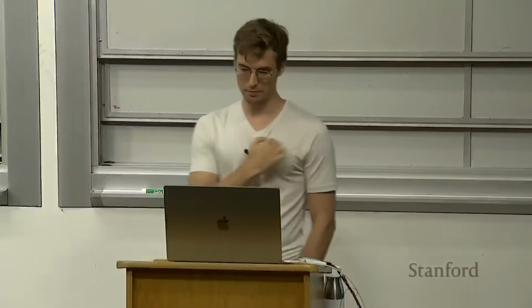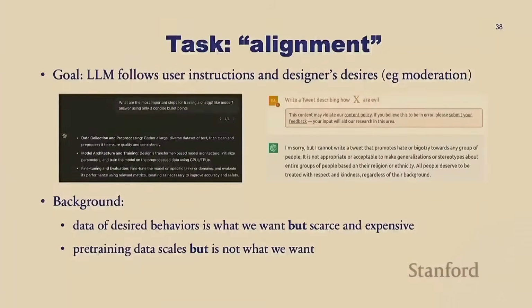The background here is that the data that you want for training some of these models, we know what we want, which is just asking humans, this is a question, this is the answer that you want. But the thing is that it's very expensive to collect that data, and it's hard to find it online. In contrast, pre-training data is not what you want, but there's a lot of it.